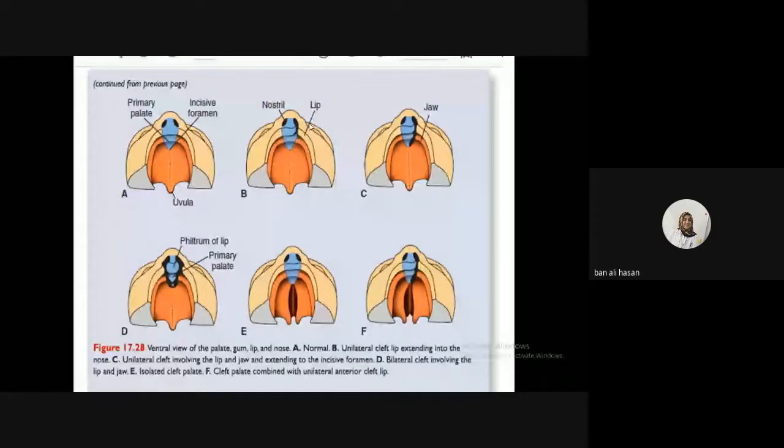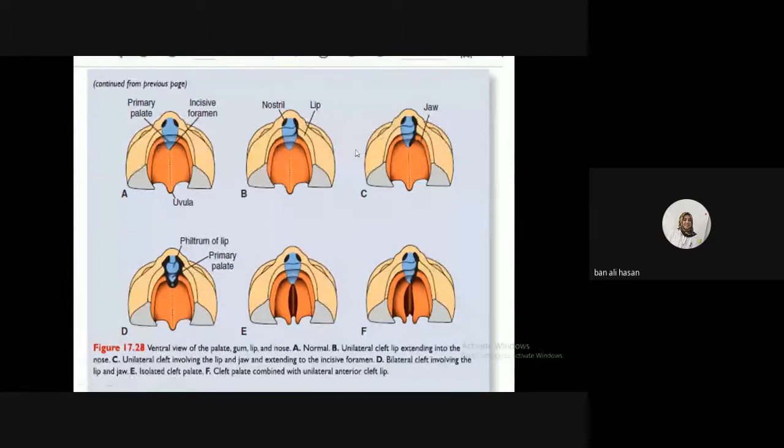Unilateral cleft lip. But it's not just in the lip, as you can see. It extends to the nose, and this will affect most of the mouth, the lip part, and also breathing.